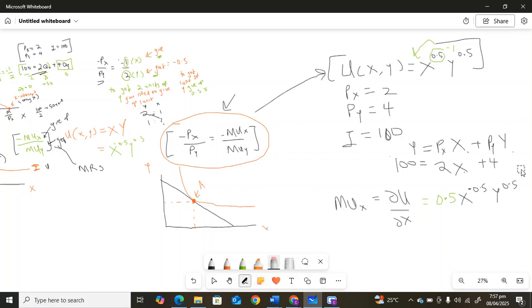So just remember this big letter X is the qx, and this big letter Y is the qy. There'll be some substitution going on, so that's why I've replaced them.